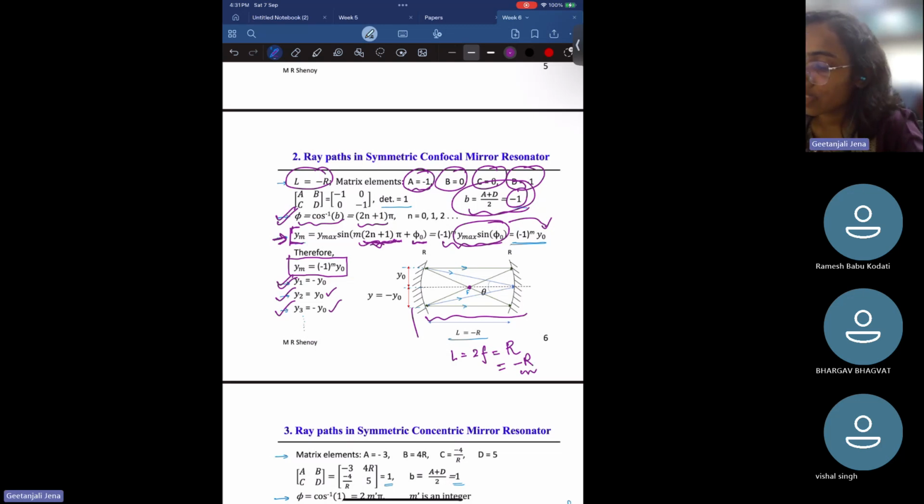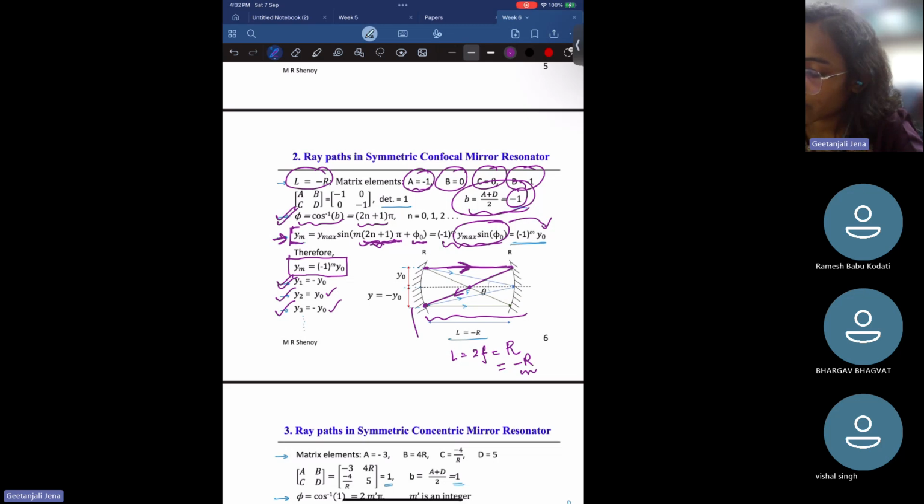So if you see in the diagram, let's say we have started from this point. It is y0. So when this ray, which is moving parallel to this setup, after reflection, it will go through this focal point, and this is y1.